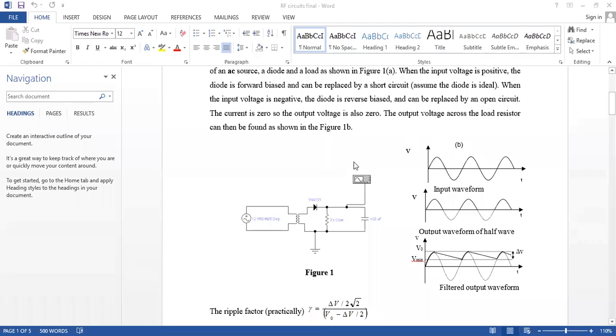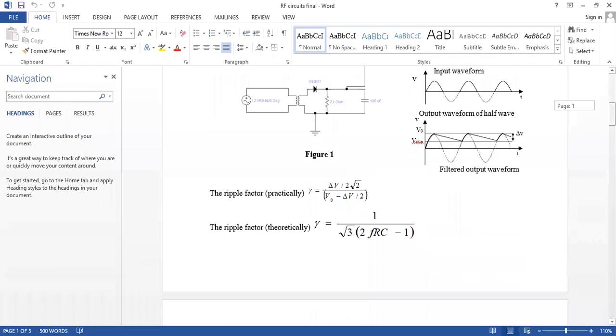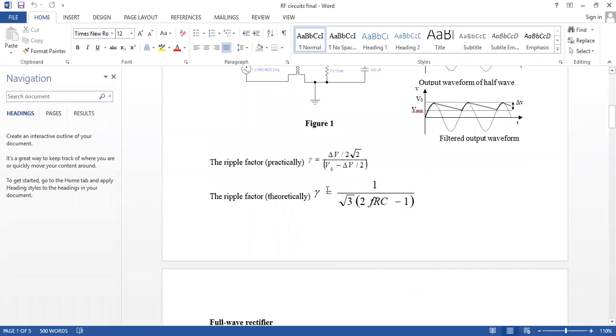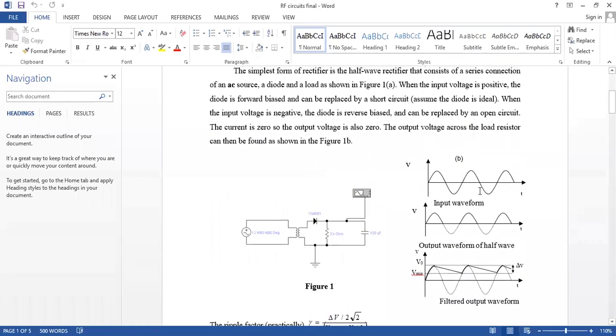This one is the input waveform. For the first half cycle, the power is provided by the AC source, this one plus, this one minus. The current will flow in this direction, so the diode gets forward biased, and the current flows for the positive half. That is the output waveform.